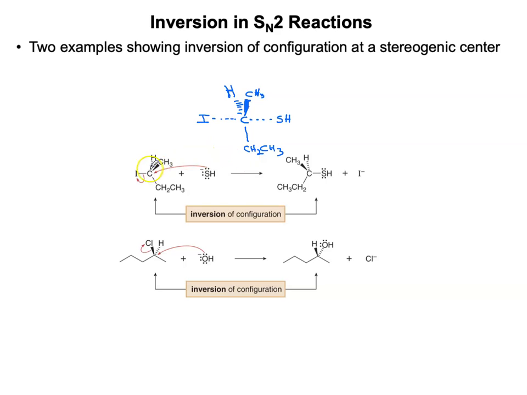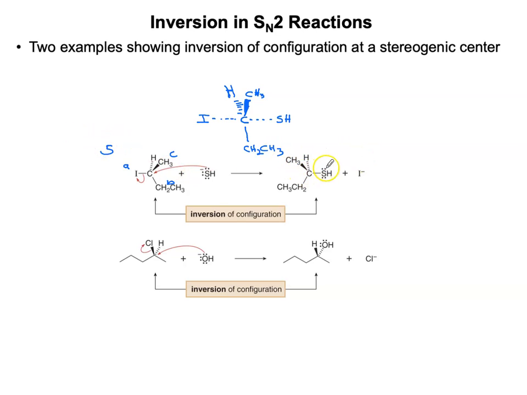And what you can see is as this process is taking place and the groups are all moving to point over in this direction, there is an inversion of stereochemistry taking place. If you actually do go through and assign priorities here, and we could do that very quickly, this would be A, this would be B, and this would be C. This is the S isomer.